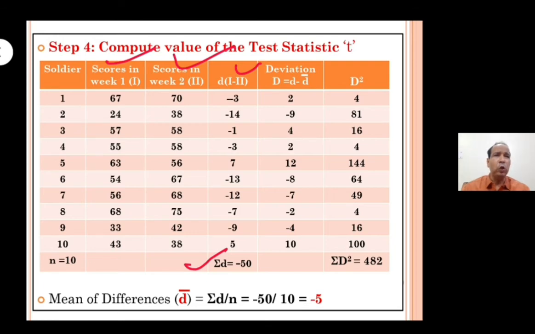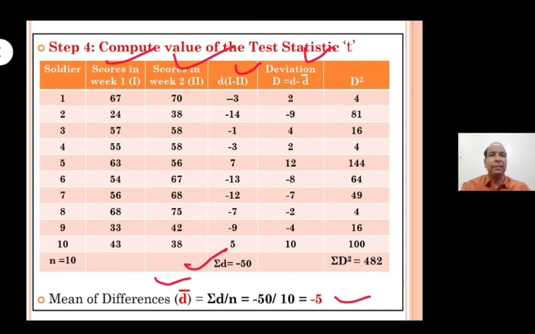Then we calculate deviations from the mean value when we calculate mean of differences, that is d bar. Here d bar is calculated as sigma d upon n, that gives you the value minus 50 upon 10, that produces minus 5. So now in next column we calculate the deviations, that is small d minus d bar, which we denote as capital D. We have calculated minus 5 as d bar.